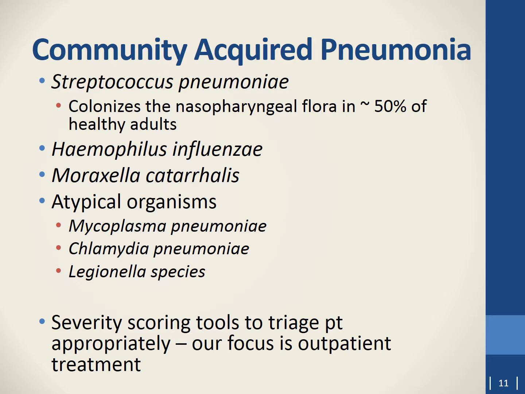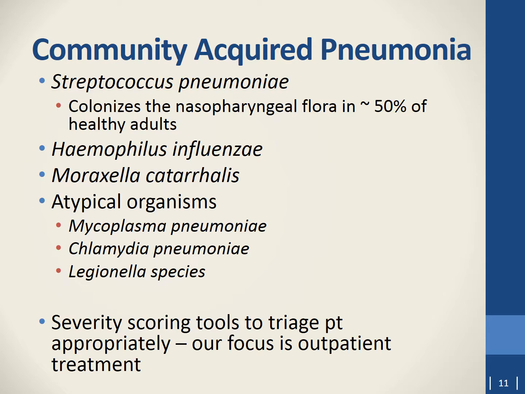Mycoplasma pneumoniae, Chlamydia pneumoniae, and Legionella species are the most common atypicals that we see. Although relative to the other pathogens, atypical community-acquired pneumonia is less common. The Community-Acquired Pneumonia Guideline by the Infectious Diseases Society of America, as well as others in collaboration with the American Thoracic Society, basically provide scoring tools that help triage patients appropriately.